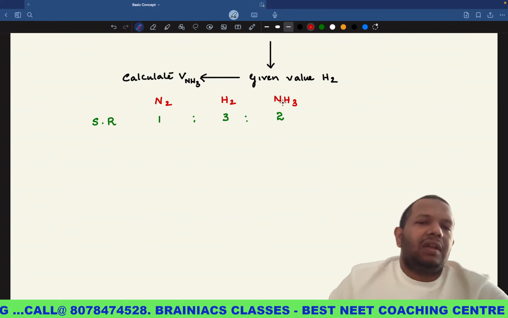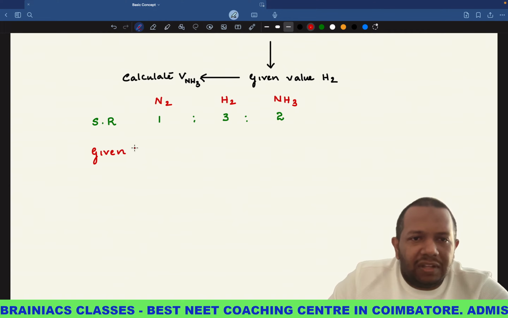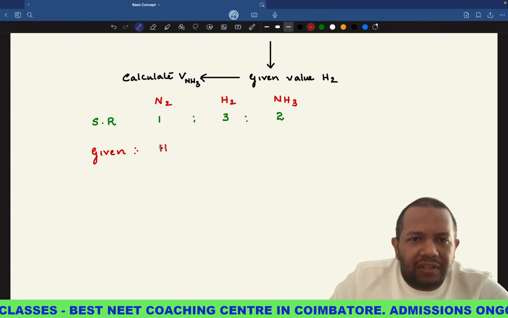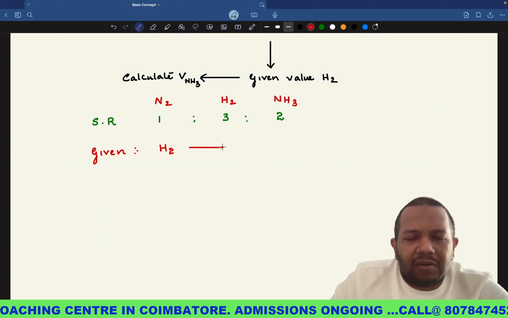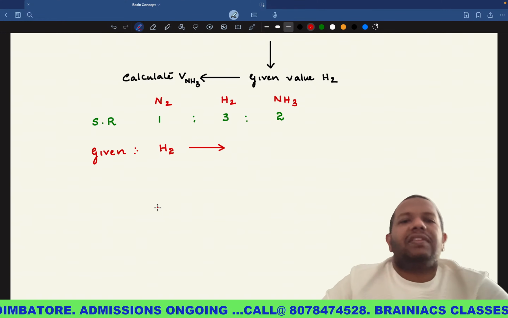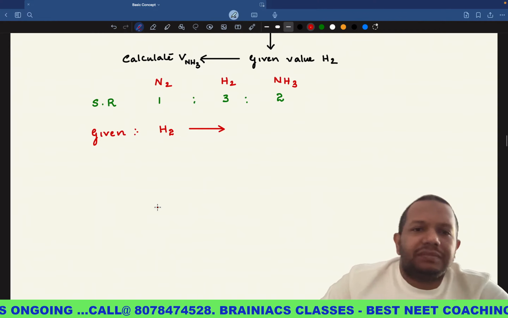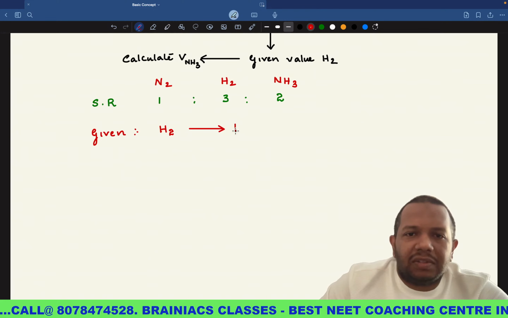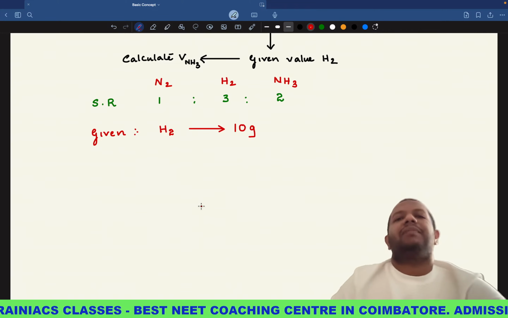Correct? Now what is given to you? Given is hydrogen, and what is the quantity they have mentioned? The quantity of hydrogen mentioned here is 10 gram, so it is a mass that is given.